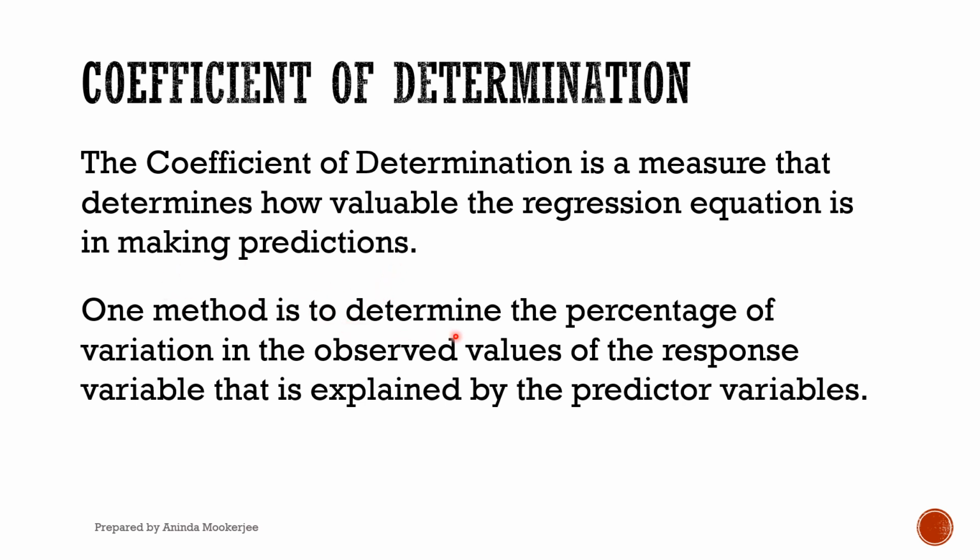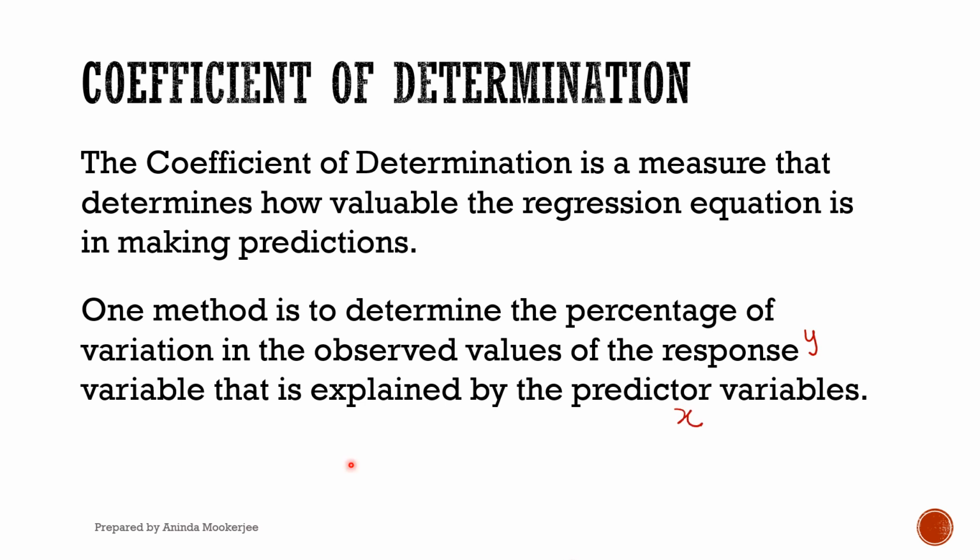One method is to determine the percentage of variation in the observed values of the response variable that is explained by the predictor variables. What are the predictor variables? The x values, correct? Response variables represent the y values and the predictor variables are the x values.